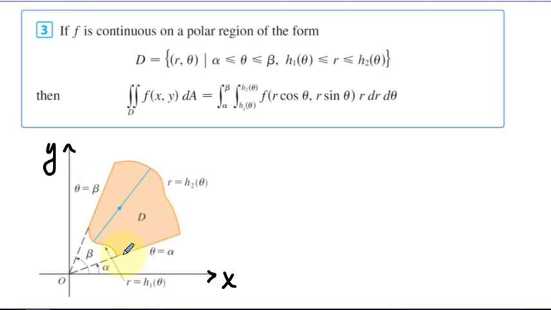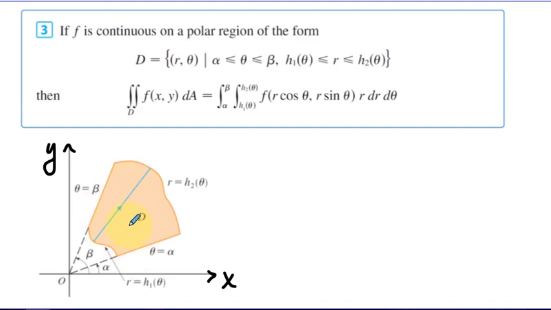But the r values in this region can vary depending on the angle. You can get different r values, and that's why I have curvy boundaries here, a smaller radius and a larger radius as the angle changes from alpha to beta.